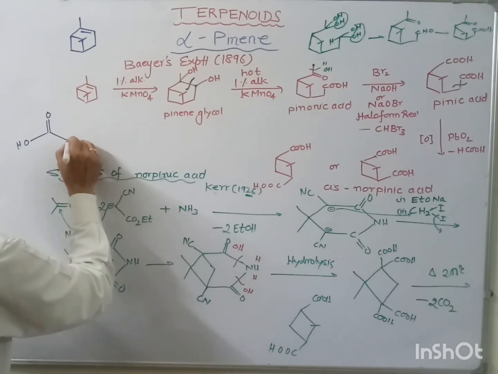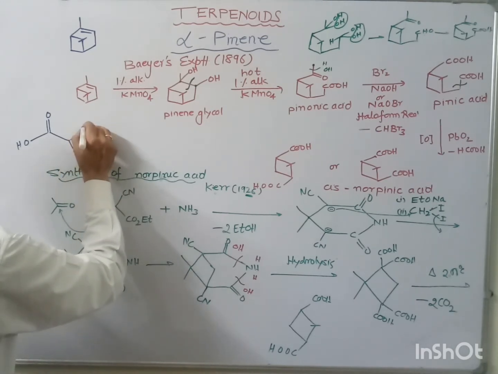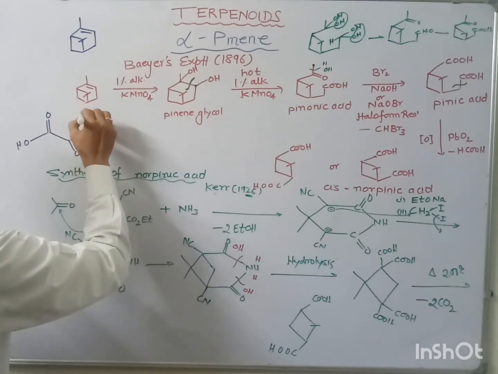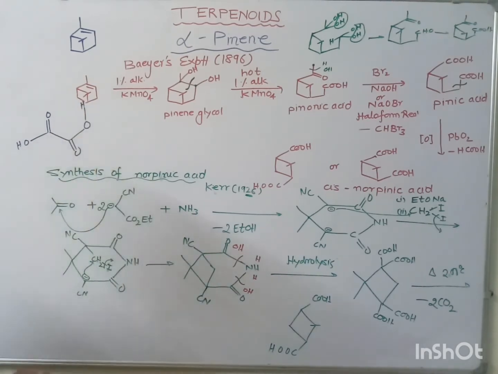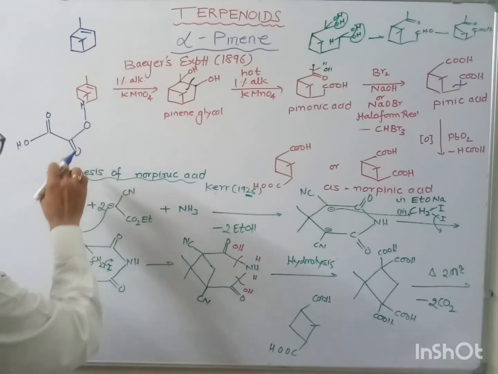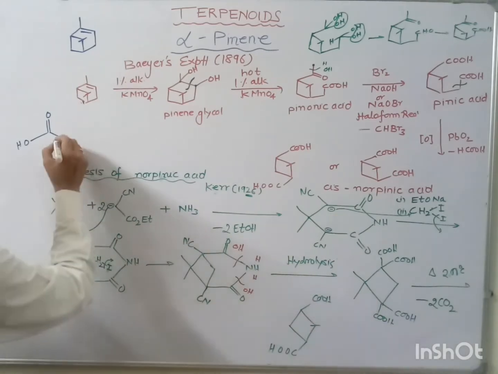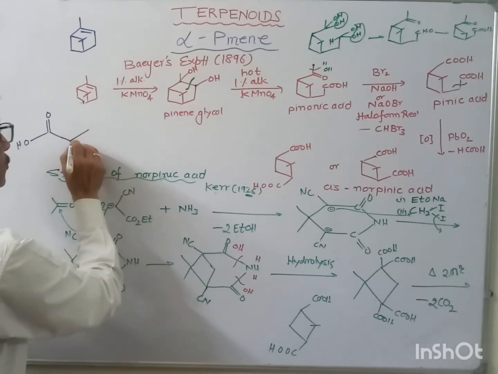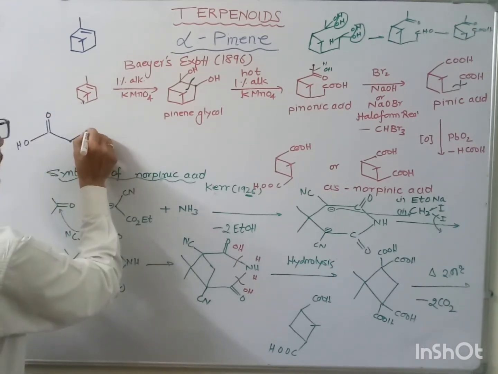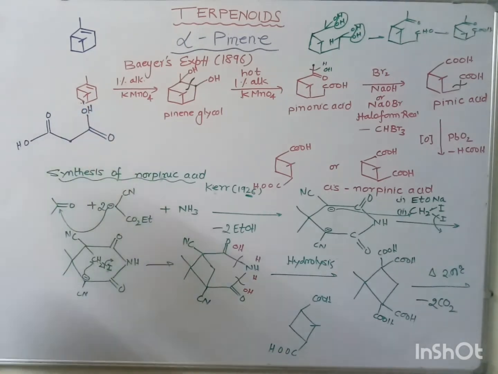So one of this OH, we may write this as O, and this is H. So one of the COOH, and this is the another COOH attached to this carbon. One COOH is attached over here, and another COOH. So this is a dicarboxylic acid.